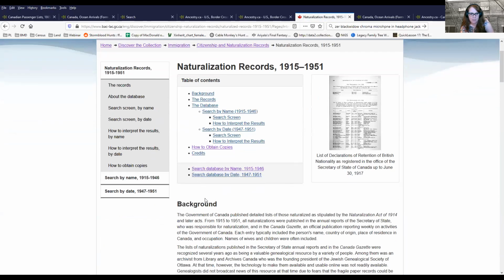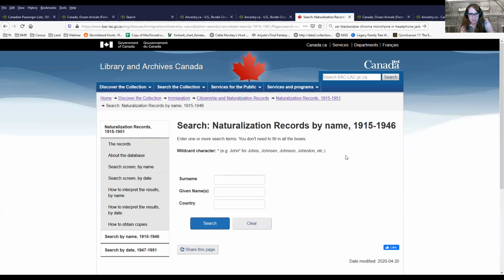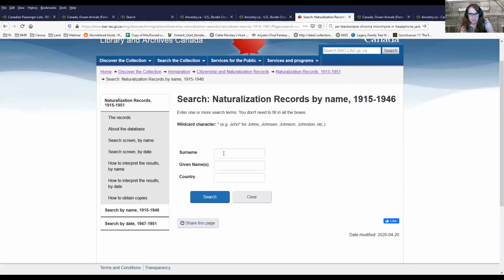And you can see these two databases right here. Search by name up until 46, and then search by date. But we want the search by name. I'm going to show you this because this is the easiest. Easy peasy. Type in a name. I'm just going to look for anybody with the surname beginning with B-A-R, so we can take a look.